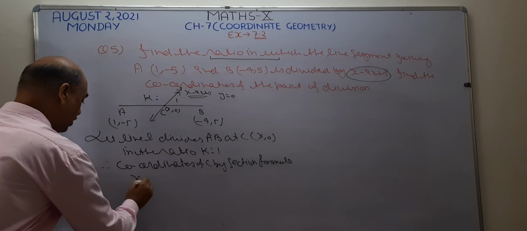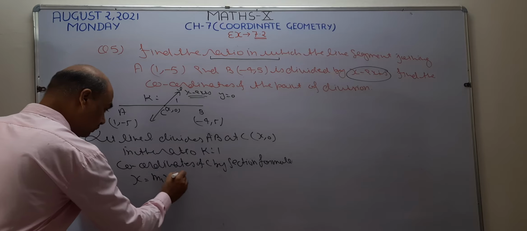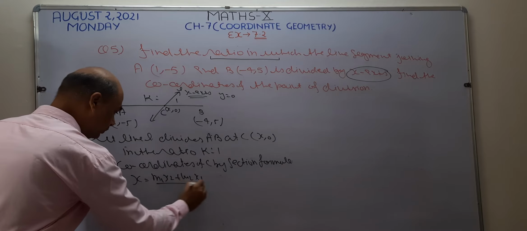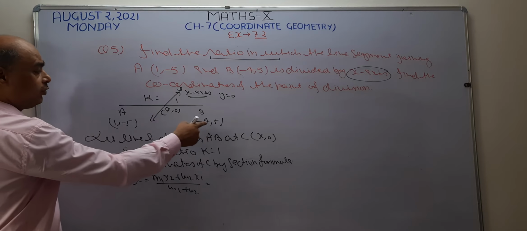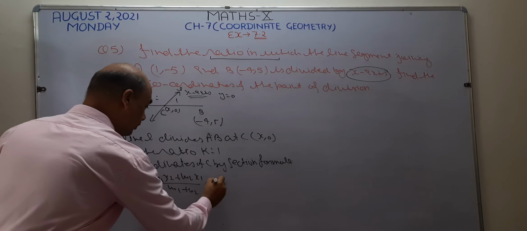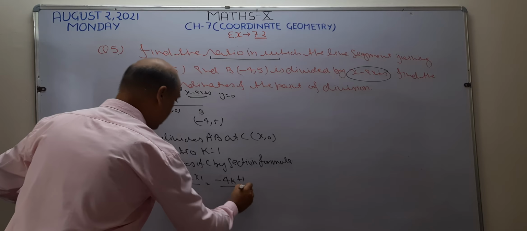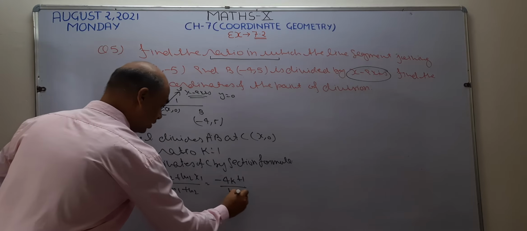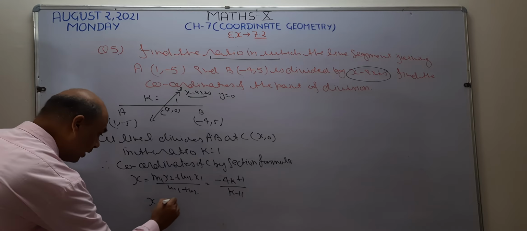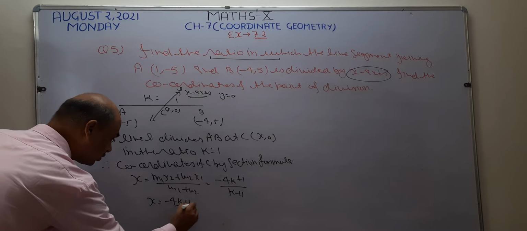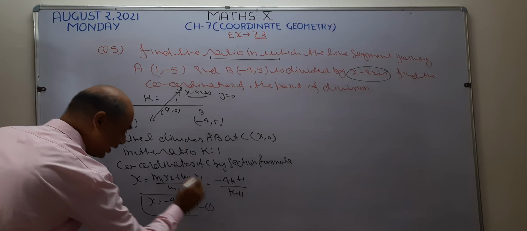I want to find the value of x. The formula for finding the value of x is m1 x2 plus m2 x1 upon m1 plus m2. So m1 is k, and k into minus 4 becomes minus 4k. 1 into 1 becomes 1, upon m1 plus m2, which means k plus 1. So the value of x becomes minus 4k plus 1 upon k plus 1. Leave this here, take it as number 1.